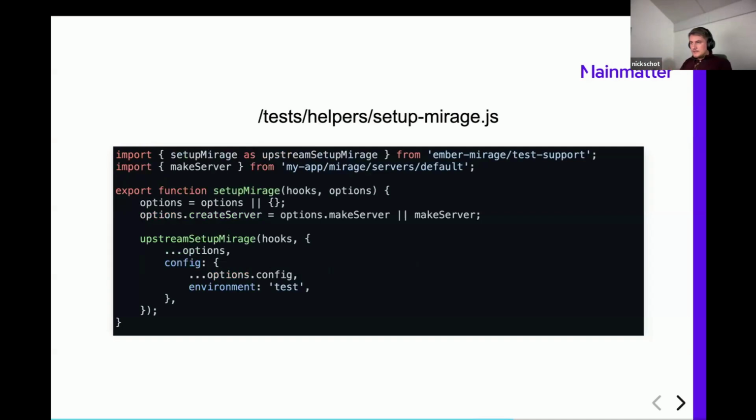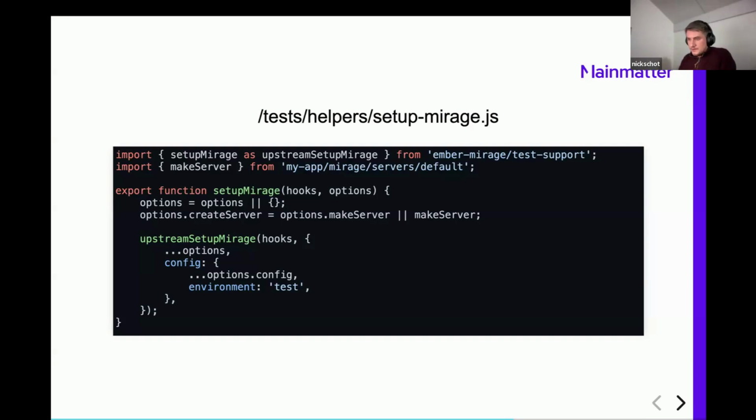Then to our test helper, it's pretty common to have a custom variant of setupMirage to use in your tests. In this case, we create an options object, passing it the makeServer that we created before from /mirage/server/default.